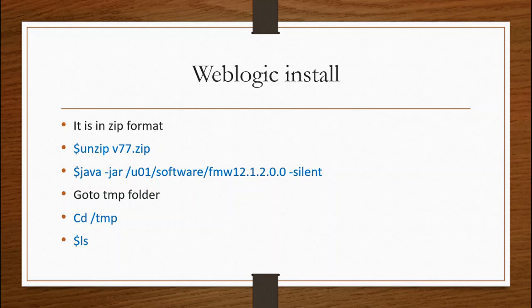You can go through the website and find them, and these are the steps to download or install in silent mode. After completion of this step, there is one file available in the temp folder.